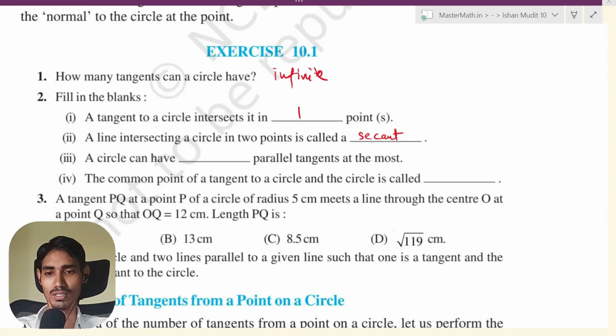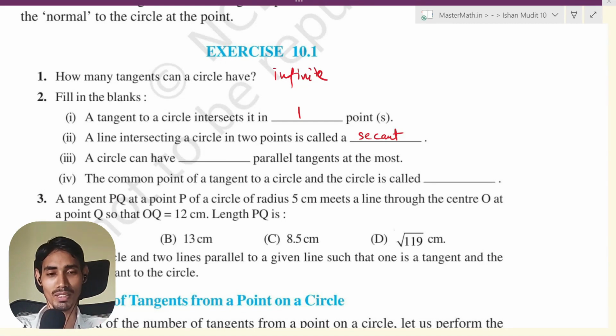Third, Mudit. What's third? This is what I asked. Infinite. A circle can have infinite. But what I feel is they are trying to get to this, at most. At most means they tend to ask that it is 2.